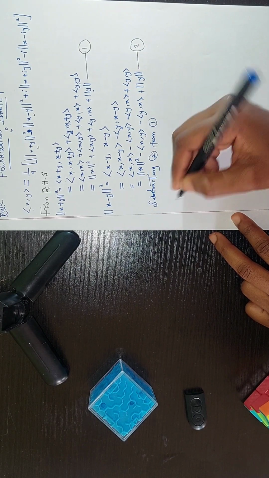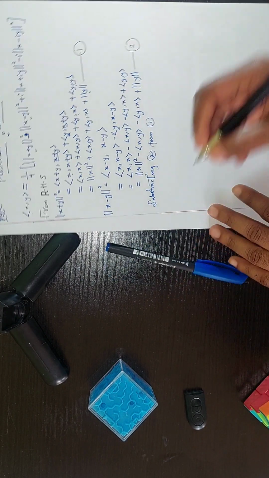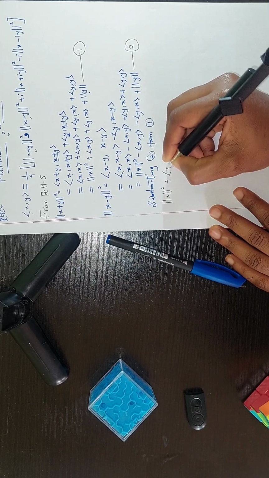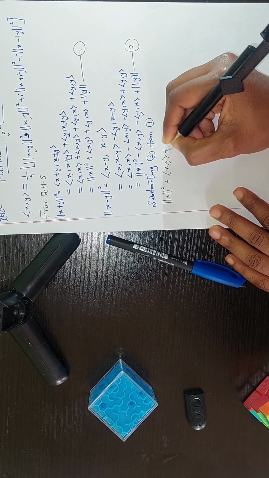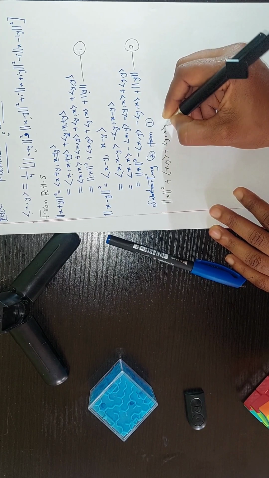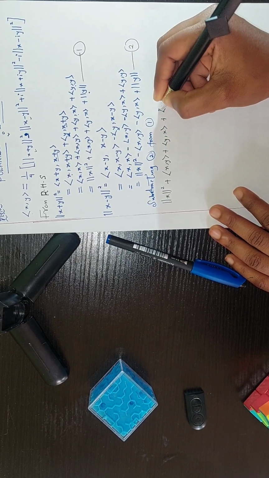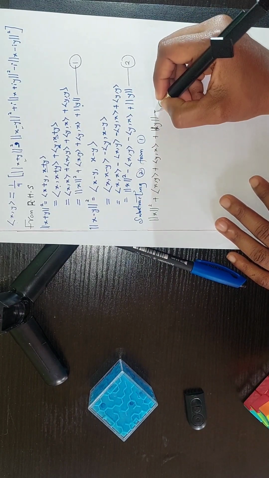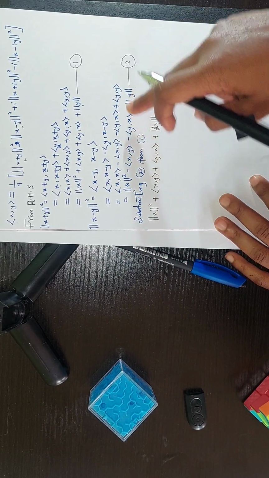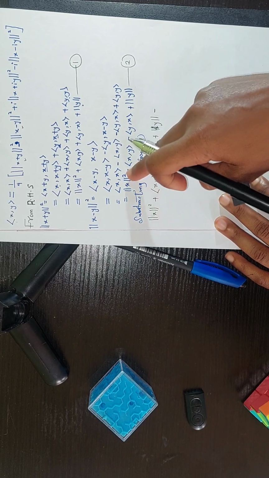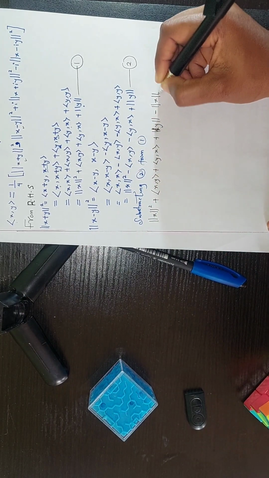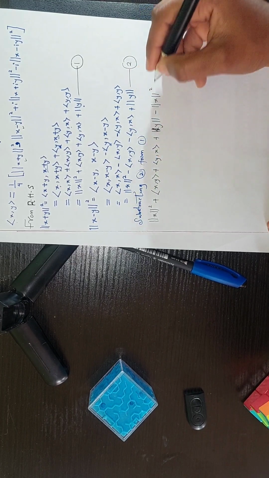Let me just write it out. I have the norm squared of x plus the inner product of x comma y plus y comma x plus the norm squared of y, then minus whatever I have here. I'm done with the first one, so minus everything I have in the second part. For the second part I have this, so minus times minus turns to what?